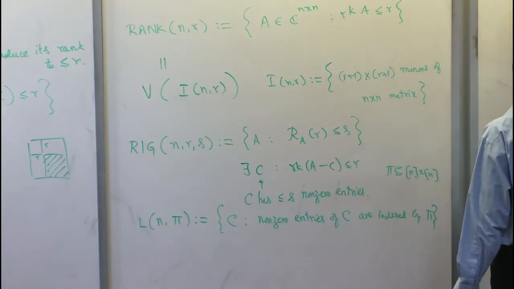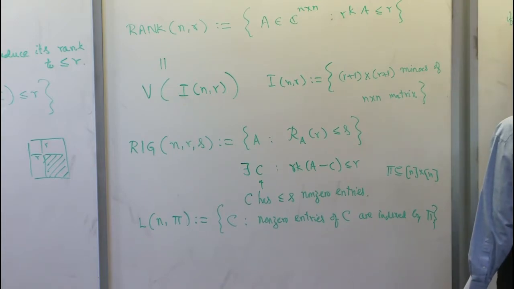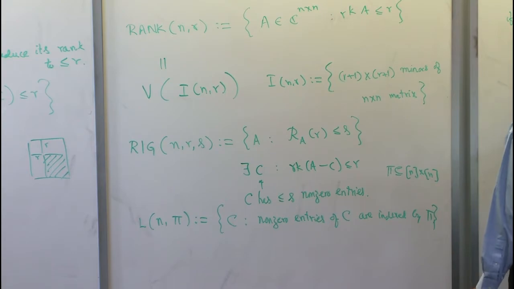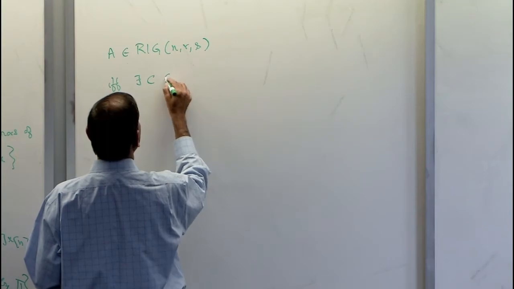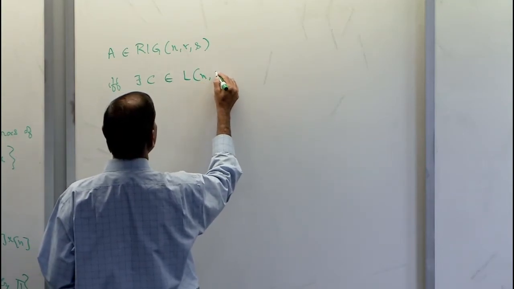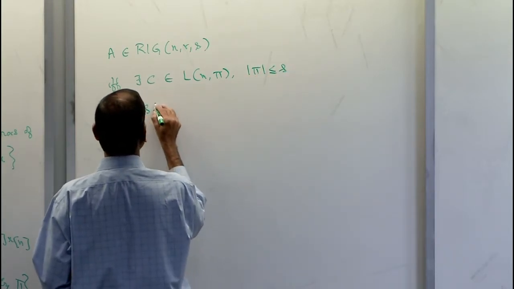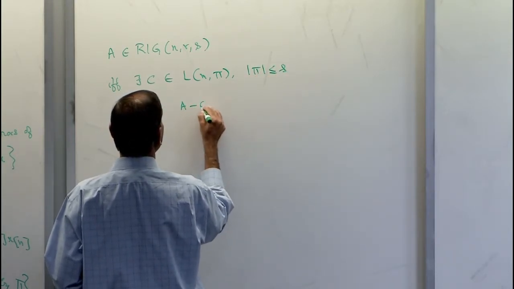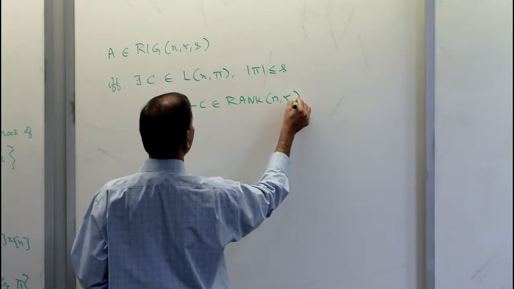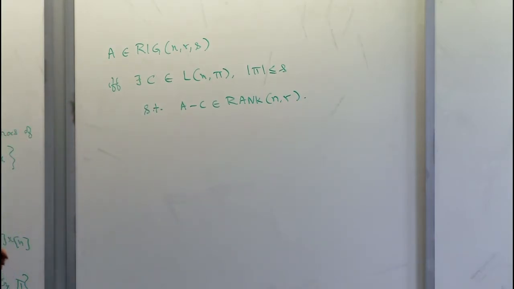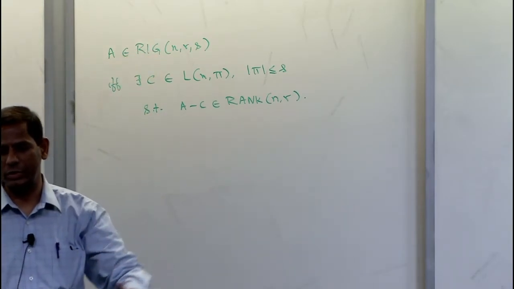So A is in this set if and only if there exists a C. Okay, so it's easy to understand matrices of small rigidity in terms of these two varieties.